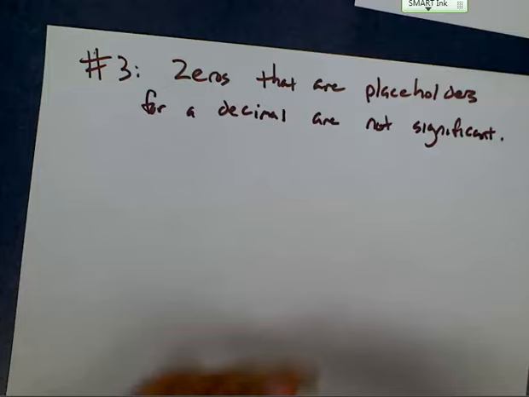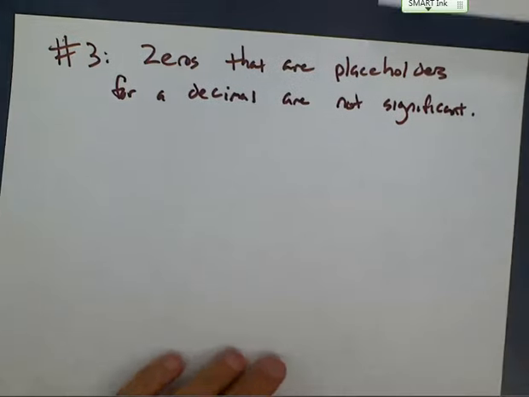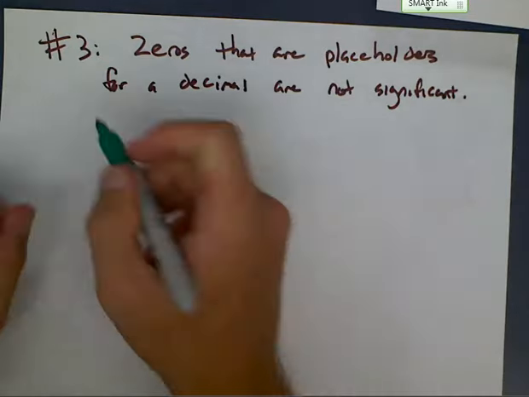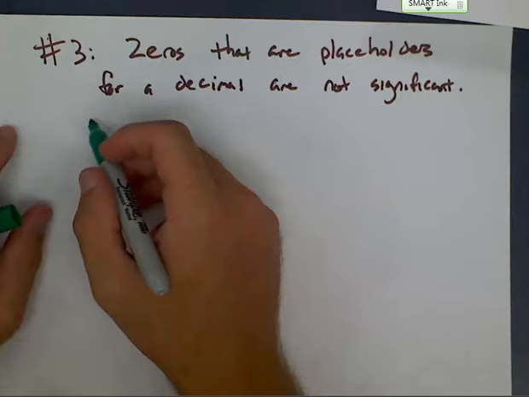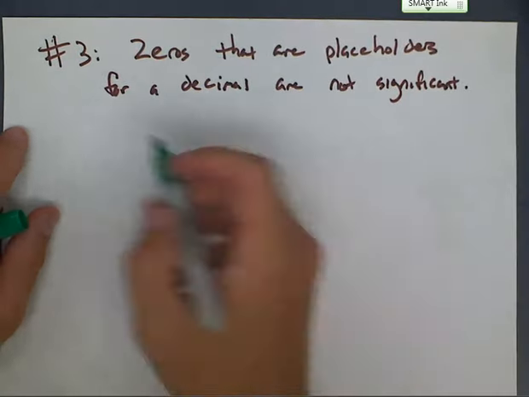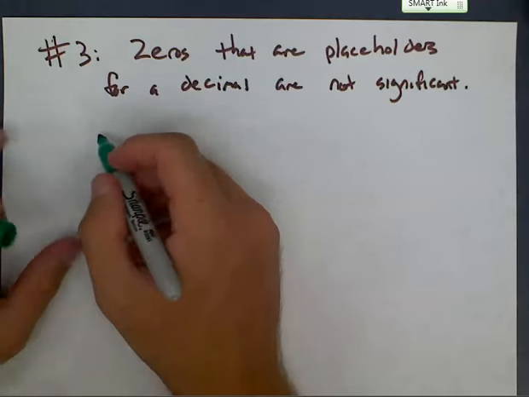Zeros that are placeholders for a decimal are not going to be significant. Okay? So anything where we have placeholder zeros, examples of placeholder zeros would be ones that just modify the size of a number. Okay? That when you take them out, they will change the value of the number.